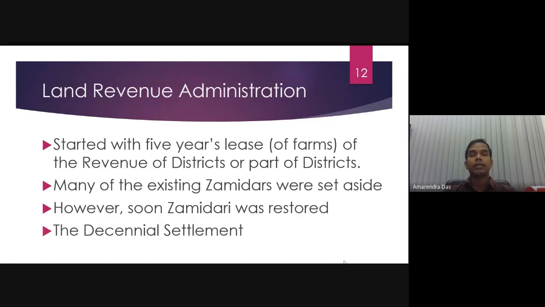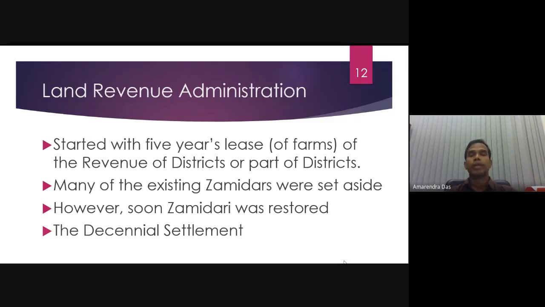Then we see that the British administration initially gave this Zamindari system on a lease basis, a five-year lease of the revenue district or part of the district to some Naukar, or some officer, just for collecting the revenue.